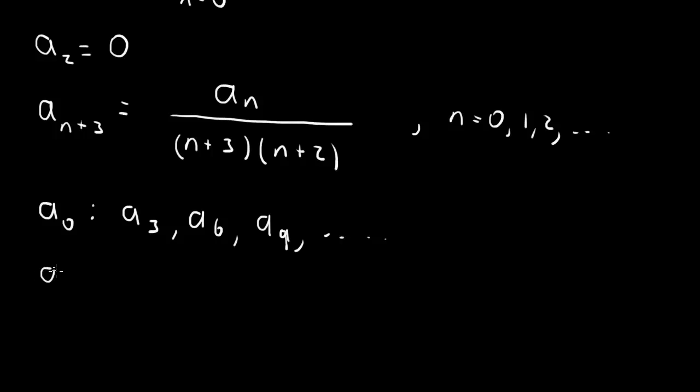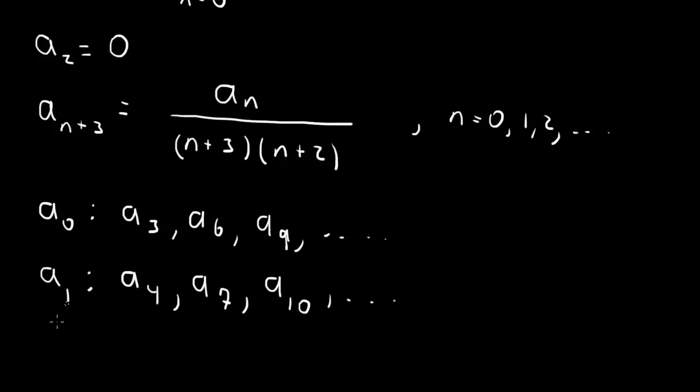If we start with a1 instead, then this equation will give us an a4. And then we plug in n equals 4, we'll get an a7. We plug in 7, we'll get an a10, etc.